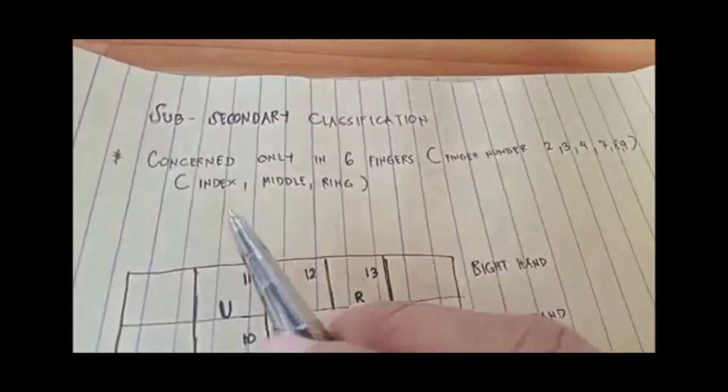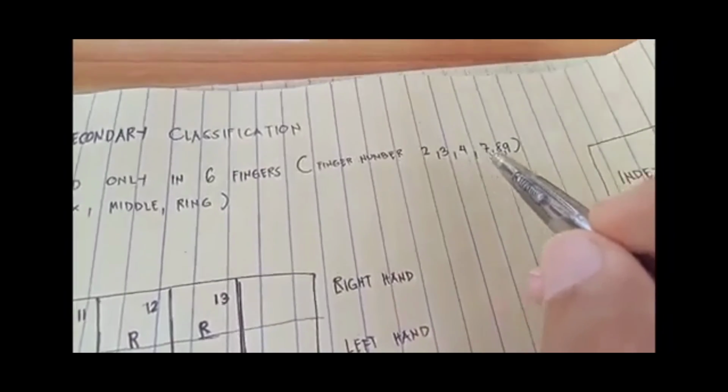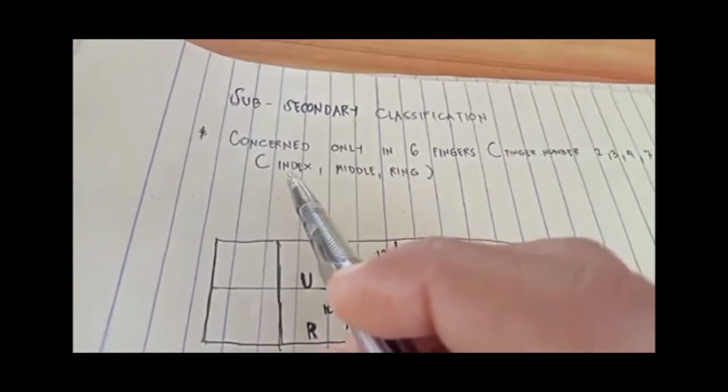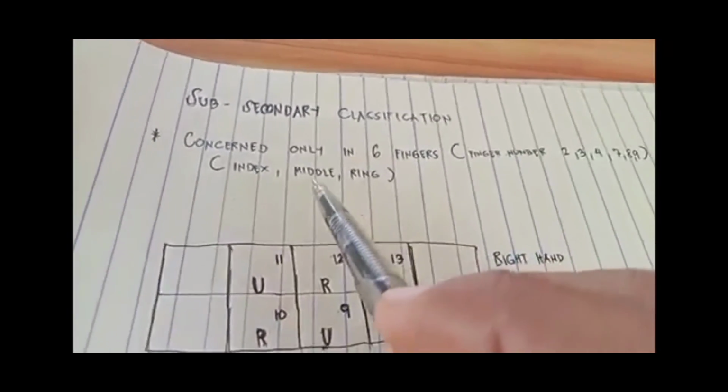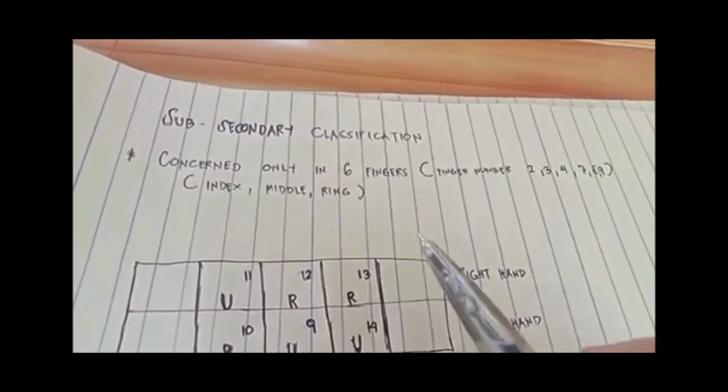It is concerned only with 6 fingers: the finger numbers 2, 3, 4, 7, 8, and 9, or the right and left index finger, right and left middle finger, and right and left ring finger.